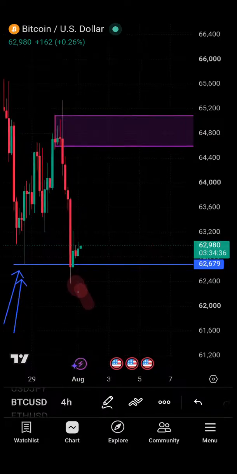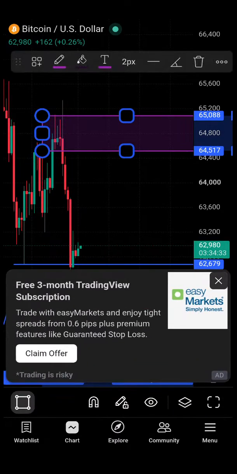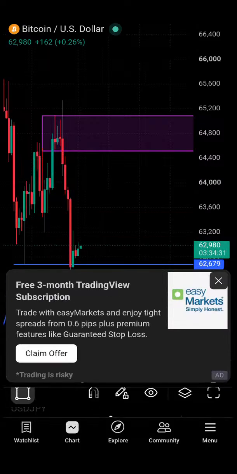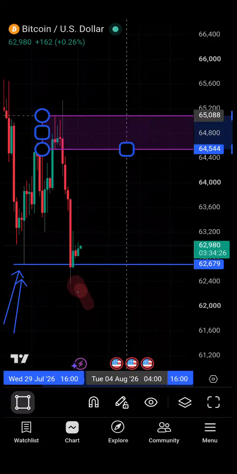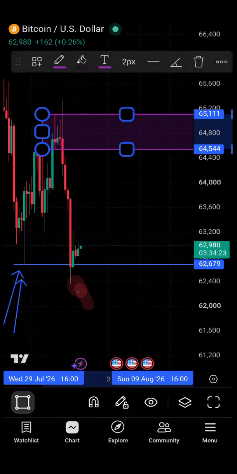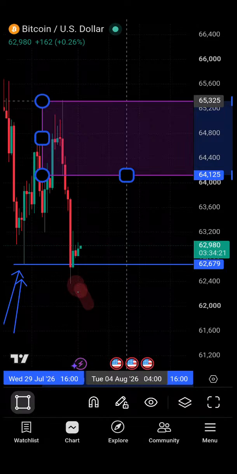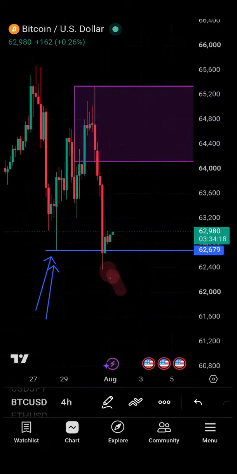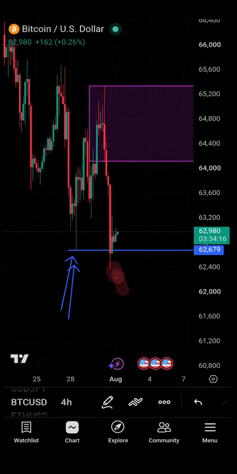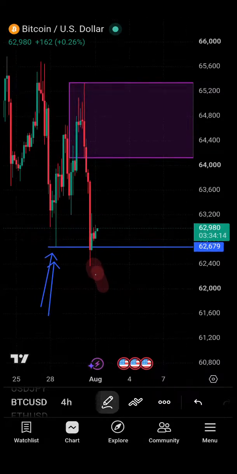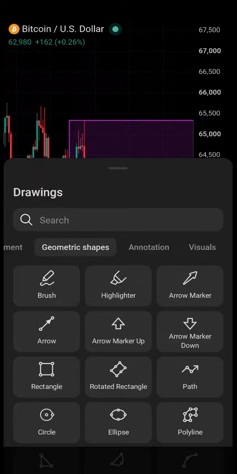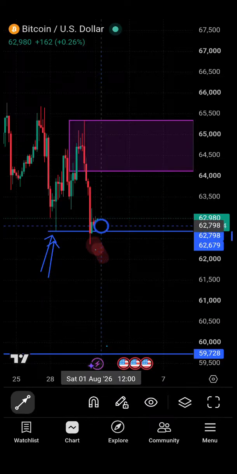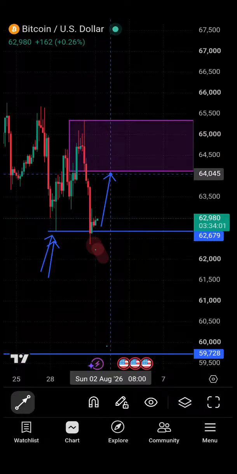For one to sell, you must expect the market maybe to test this area. Let me just mark it like this, to test this area. The market must come and test this area, since the daily is telling us that we are on the pullback, the market is going for a retest.